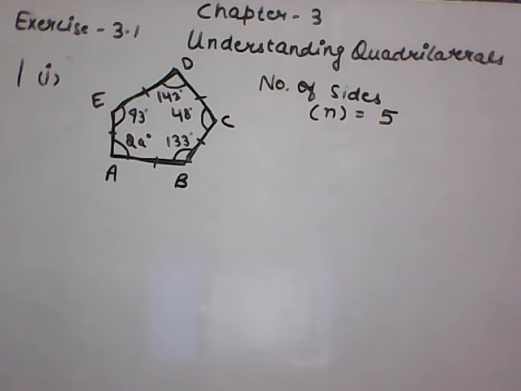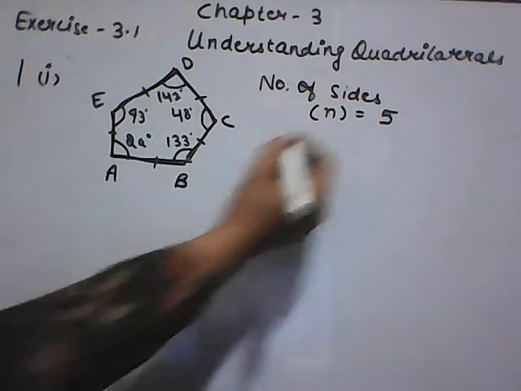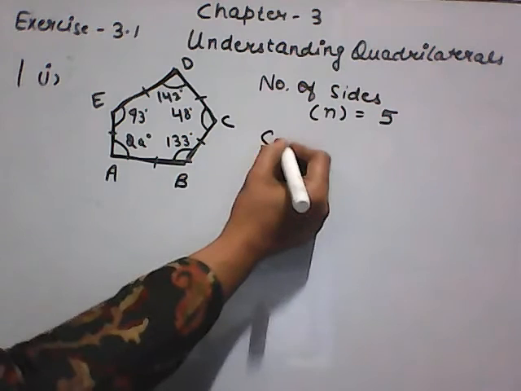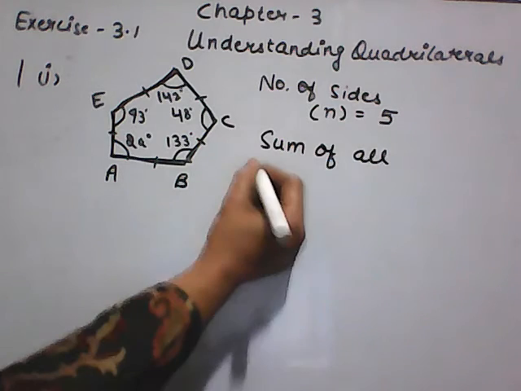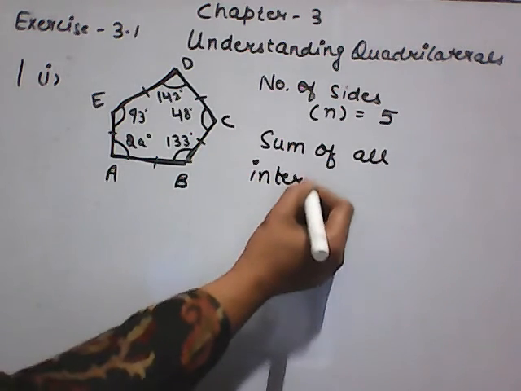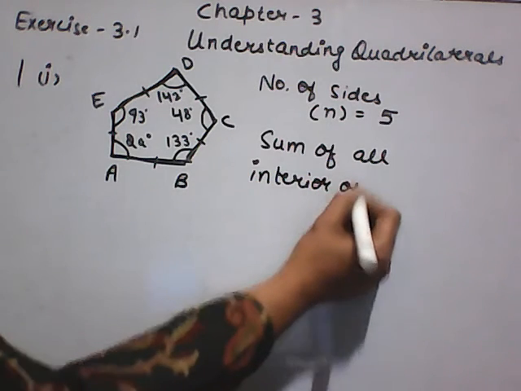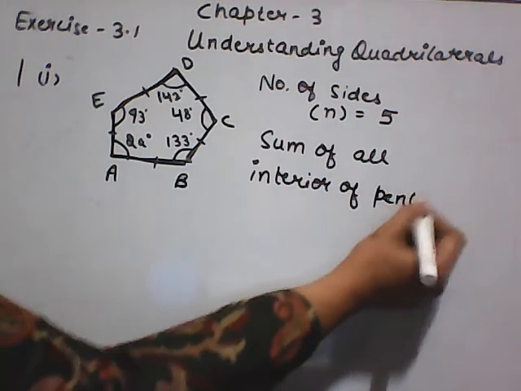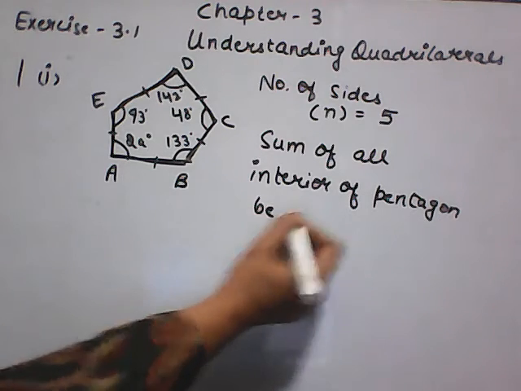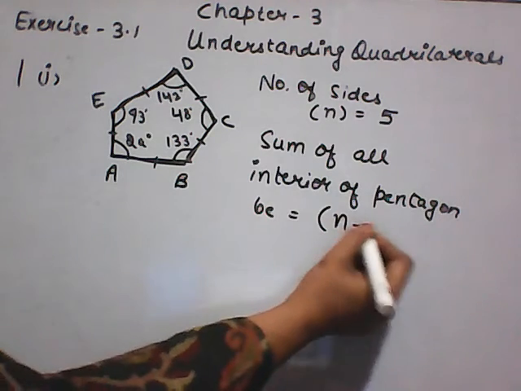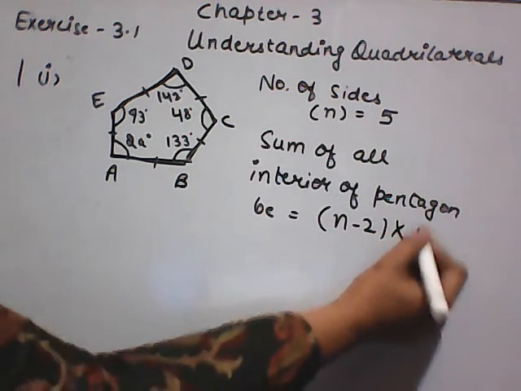The sum of the 5 interior angles of a pentagon depends on the number of sides. So we can find the sum of all interior angles of a pentagon. We know the general formula: n minus 2 multiplied by 180 degrees.